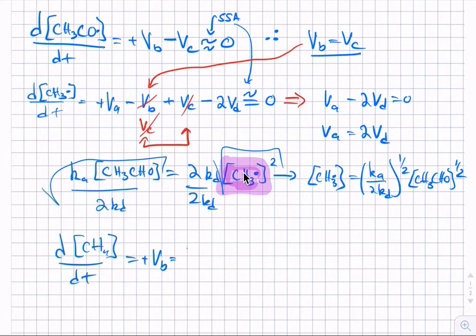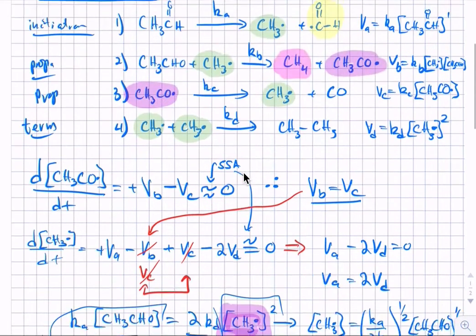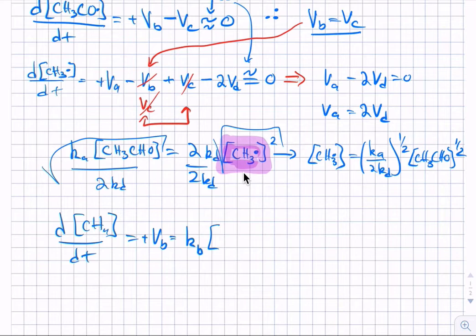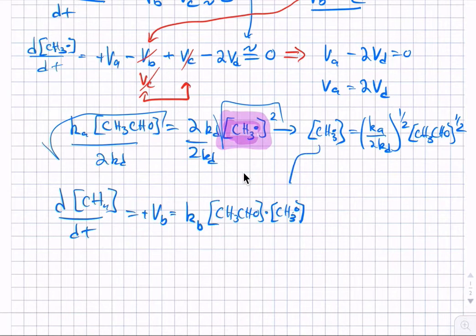If we substitute that in for its values, it'll be Kb times the concentration, let's get this straight, the aldehyde times the methyl. So that'll be CH3CHO times CH3 radical. But we now have a description for the radical concentration, so we can replace that.